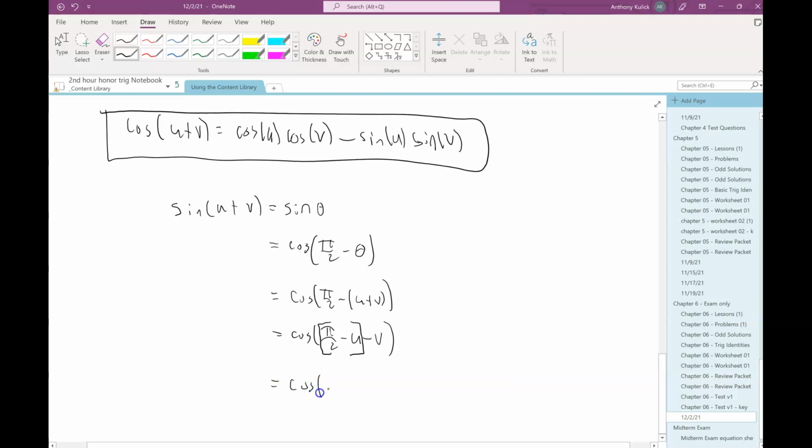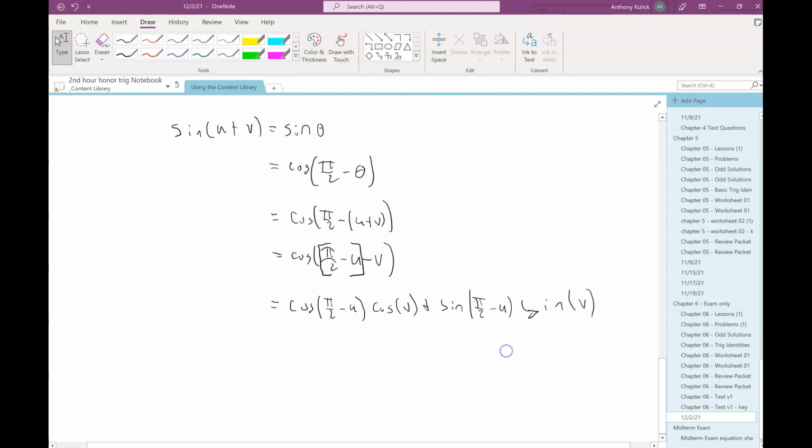So I'm going to have cosine of pi over 2 minus u times cosine of v plus sine of pi over 2 minus u times sine v. And I know that cofunction identity, that just turns into sine u.